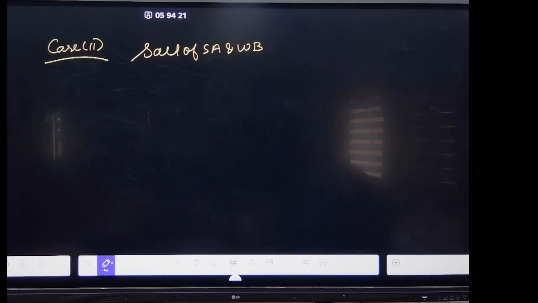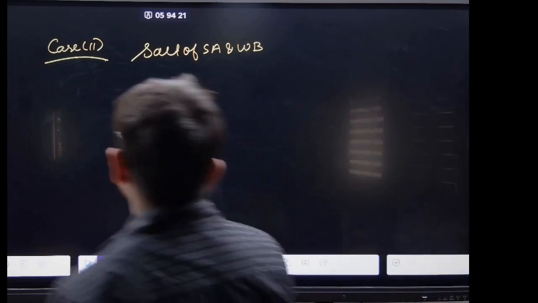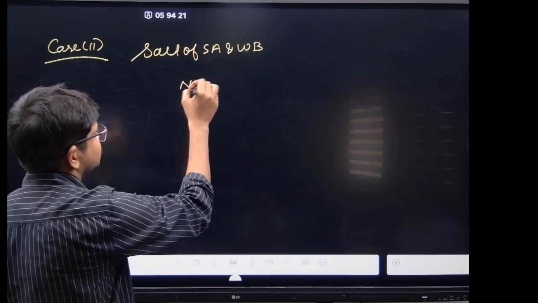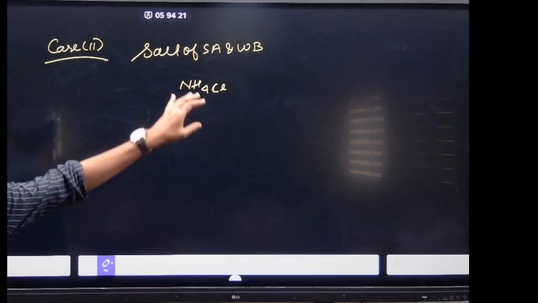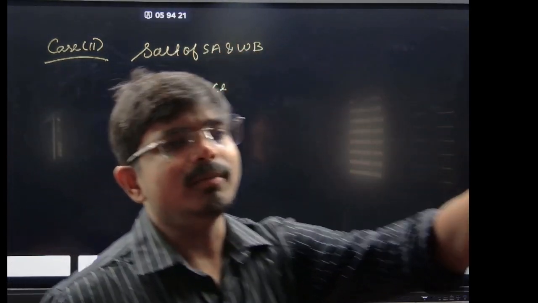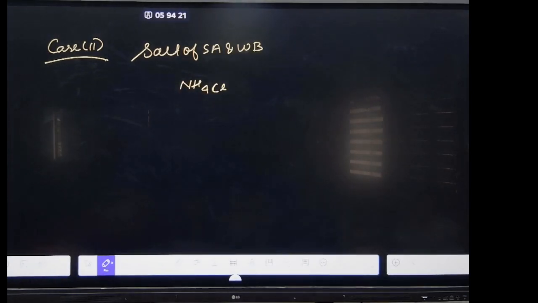देखो यहाँ पर NH4Cl I am talking about, right? Clear? So NH4Cl will be from ammonium hydroxide plus HCl, right? Ammonium hydroxide plus HCl will give you the NH4Cl. Ammonium hydroxide is basically your weak base one, right?